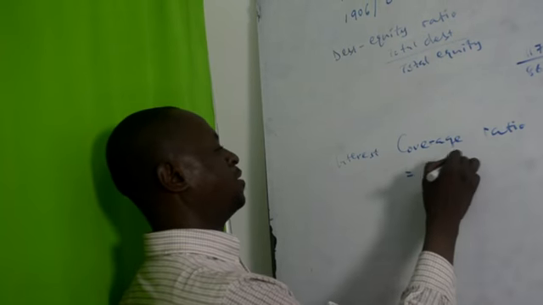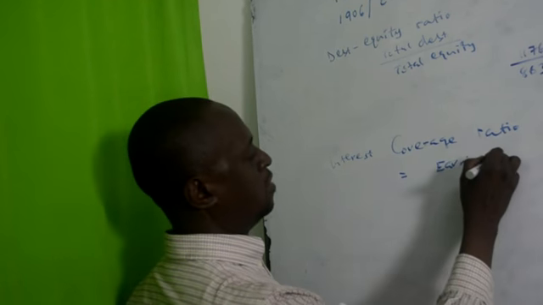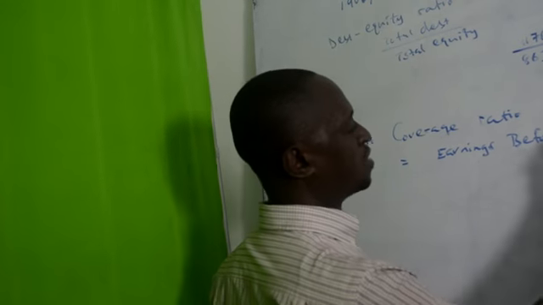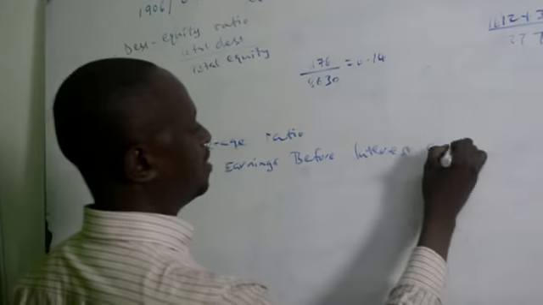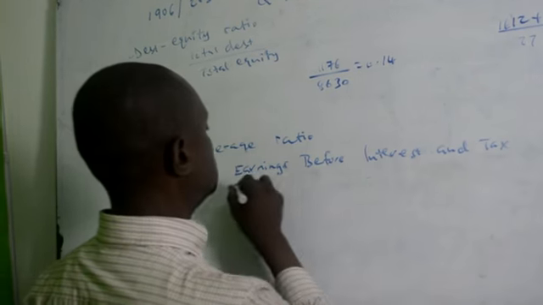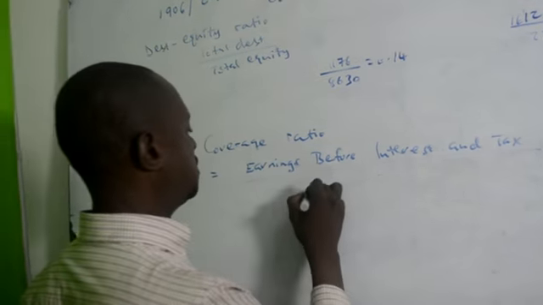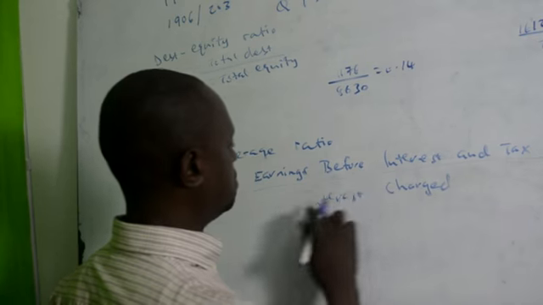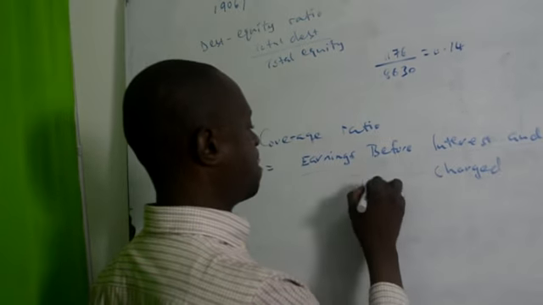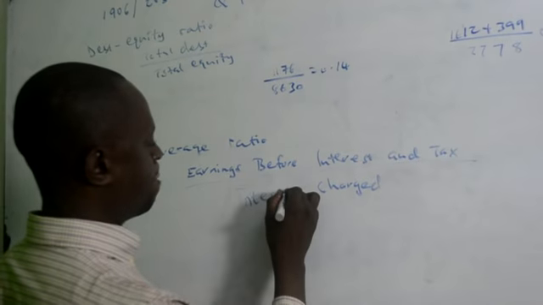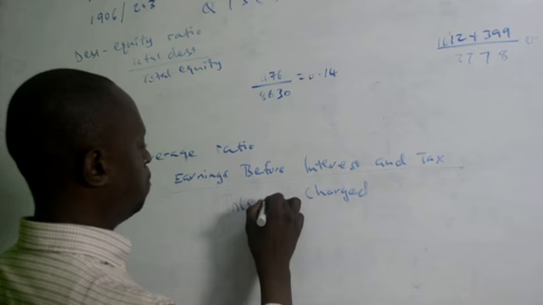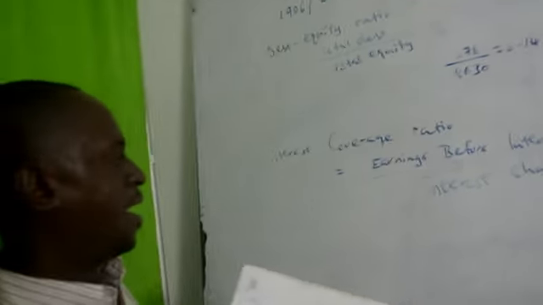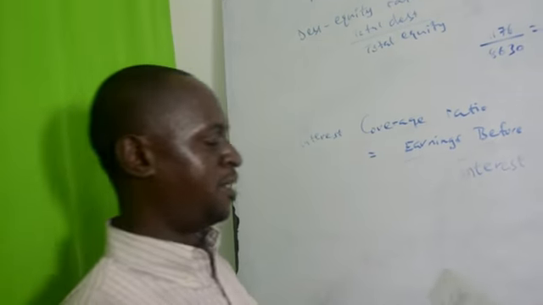You take earnings before interest and tax, and you divide by interest charged. So you take earnings before interest and tax, divide by interest charged.